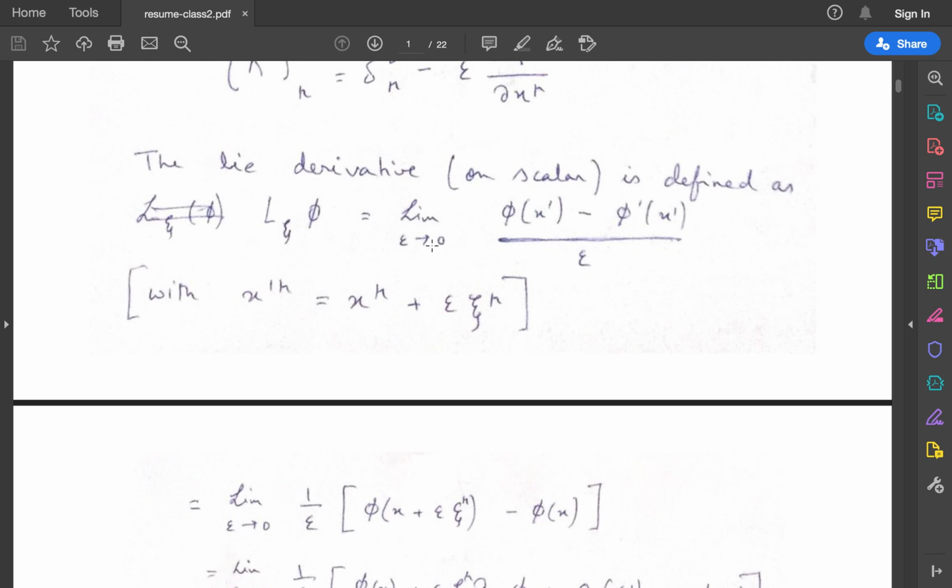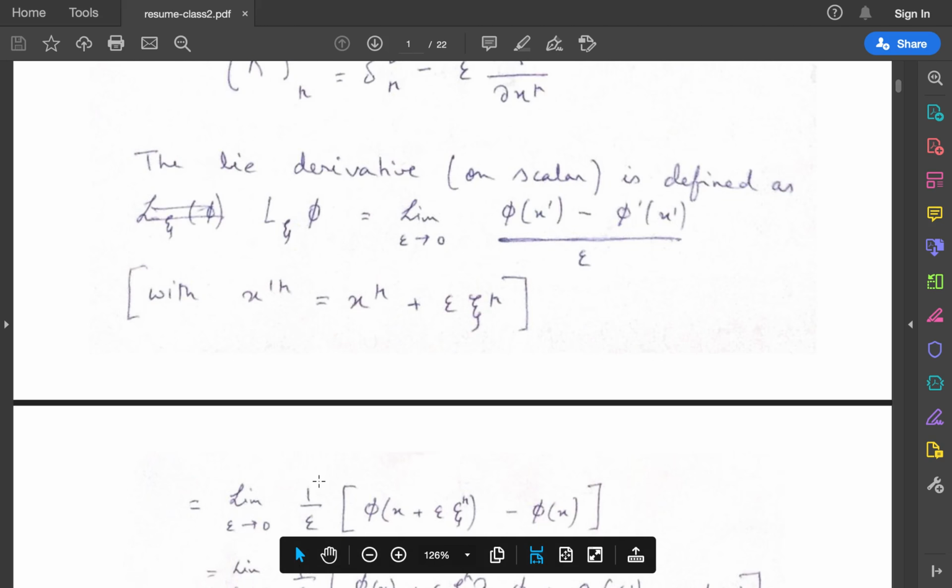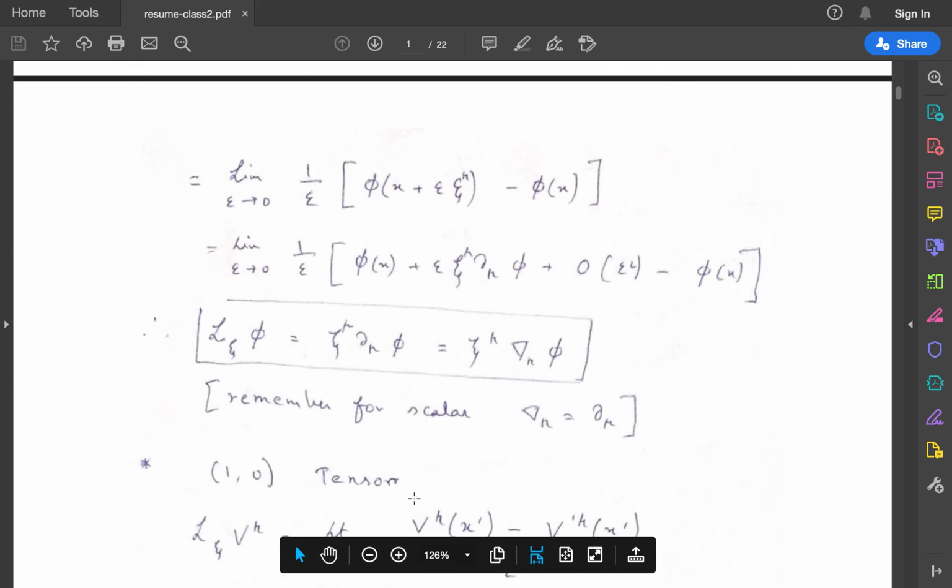It is defined as the limit epsilon goes to 0 of phi at the new position, the old phi at the new position, minus the new phi dash at the new position, that is phi x dash minus phi dash of x dash, divided by epsilon, where x dash is defined by x plus epsilon zeta mu. So we substitute it here, and we get this expression.